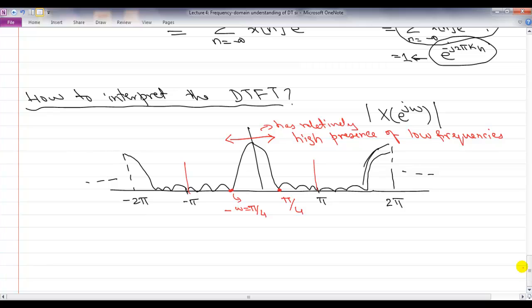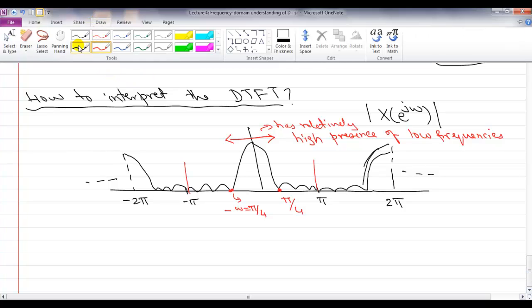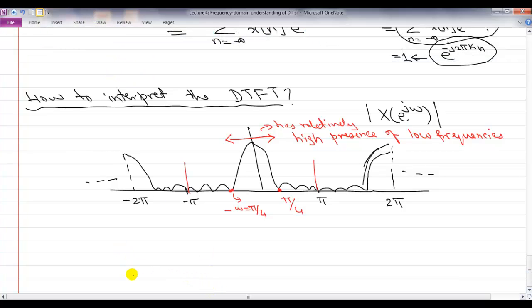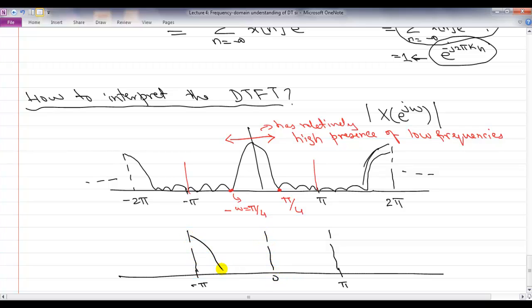Now, on the other hand, if I were given a signal whose DTFT was like this, from minus pi to pi, this is 0, and it looked more like this. And of course, there's periodic repetition, I'm not drawing that.